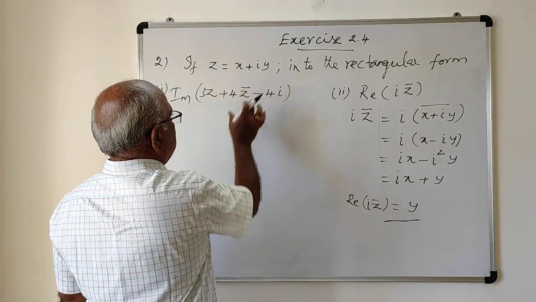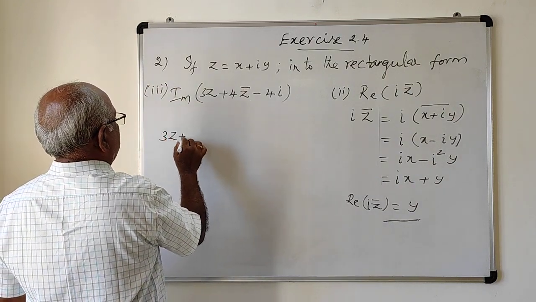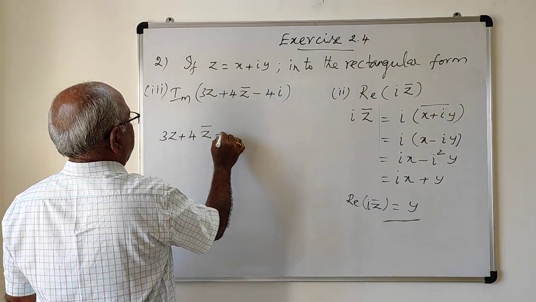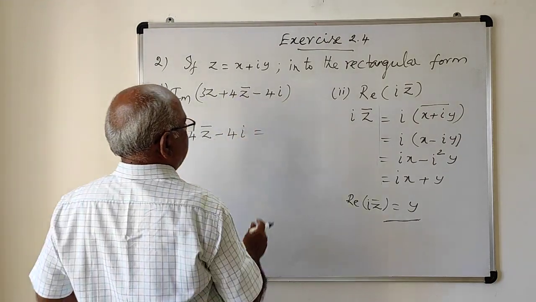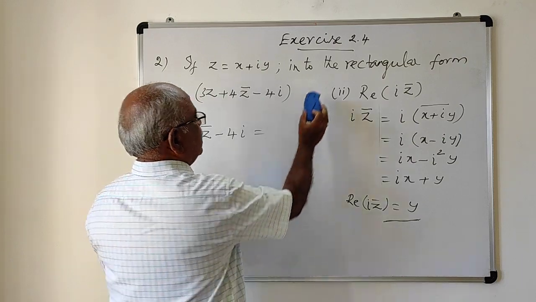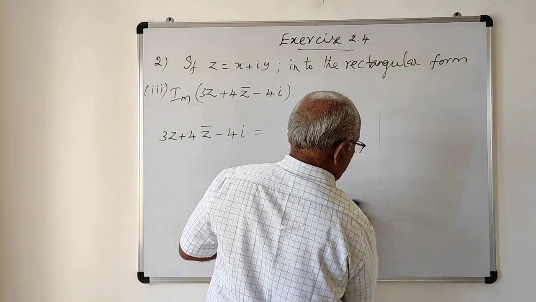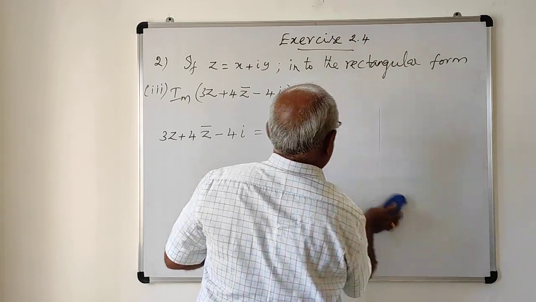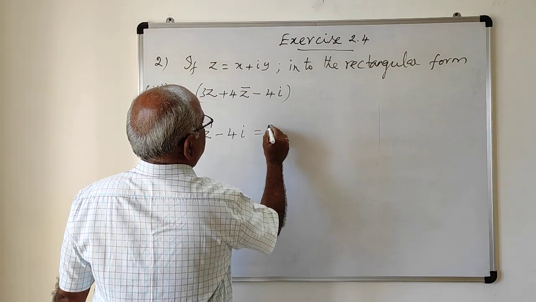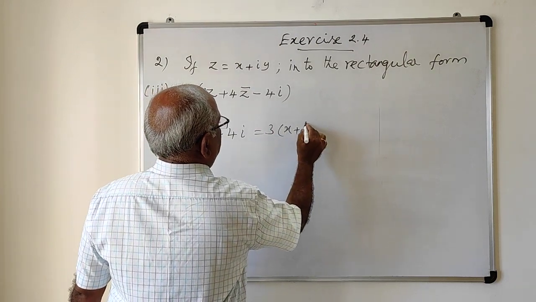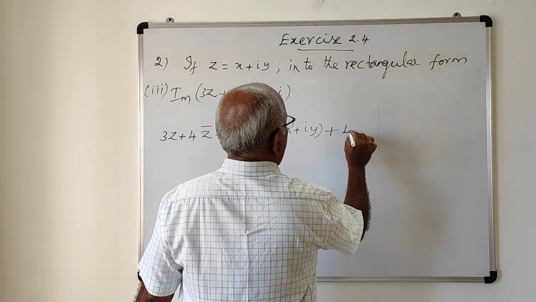Imaginary part of this quantity, that is 3z plus 4z bar minus 4i equal to, what is 3z? 3 times z. z is x plus iy. Therefore, 3 into z is 3 into x plus iy. Plus 4 z bar.